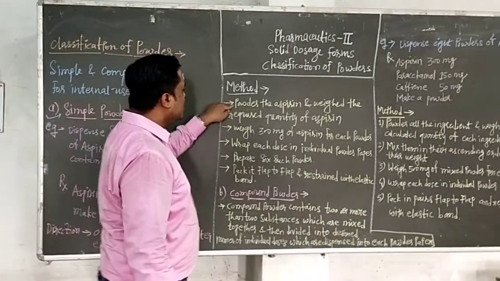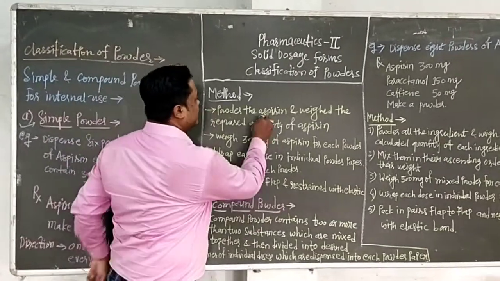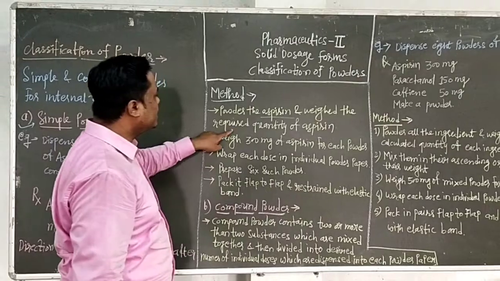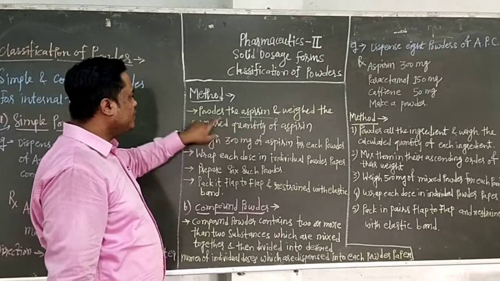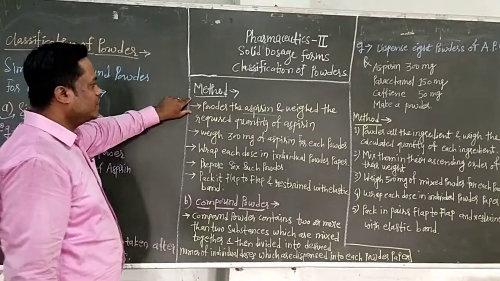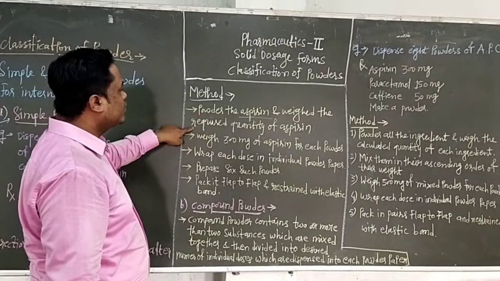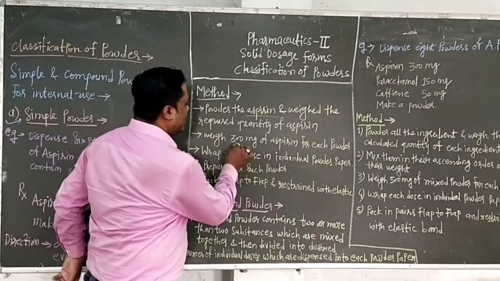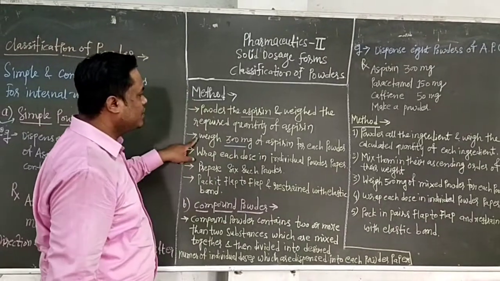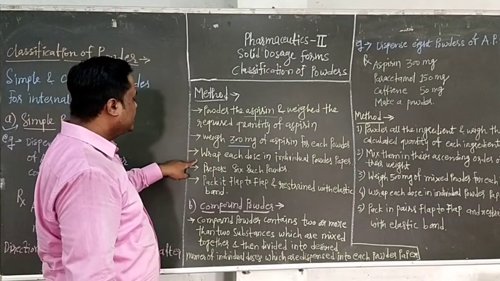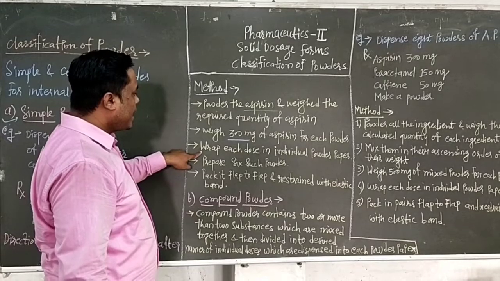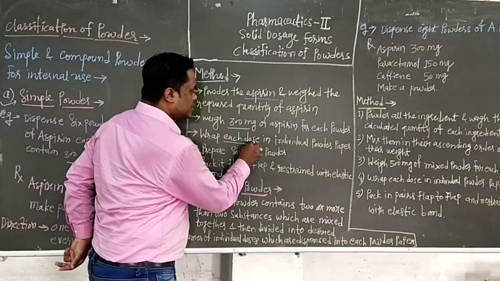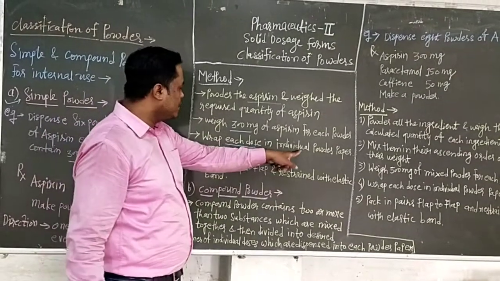In this, first powder the aspirin in the proper way and weigh the required quantity of aspirin. The next process is to weigh 300 mg of aspirin for each powder. Then after weighing, wrap each dose in an individual powder paper.